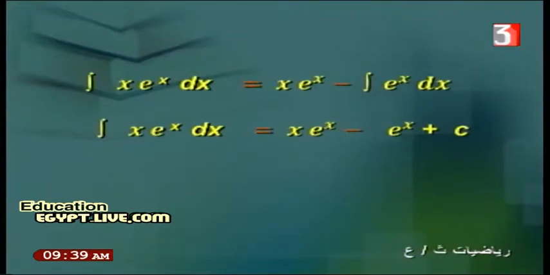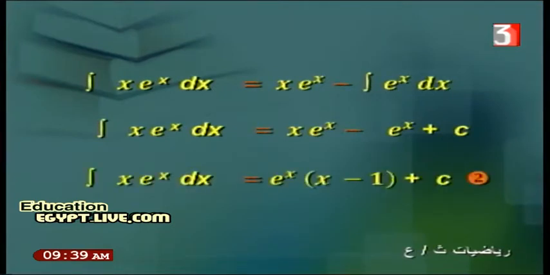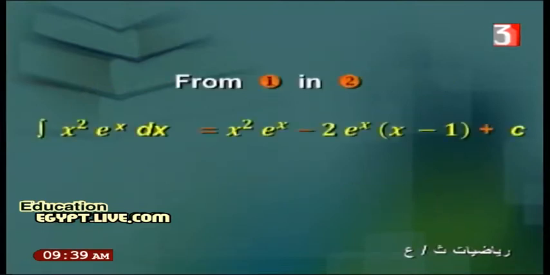Then from the second equation and the first equation, integration x power 2 e power x dx equals x power 2 times e power x minus 2 e power x times (x minus 1) plus c.